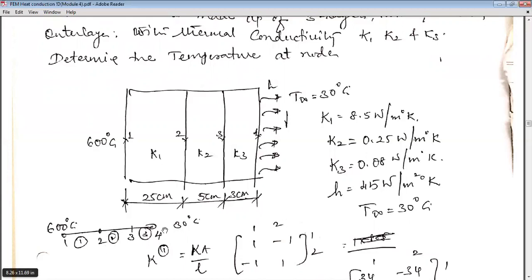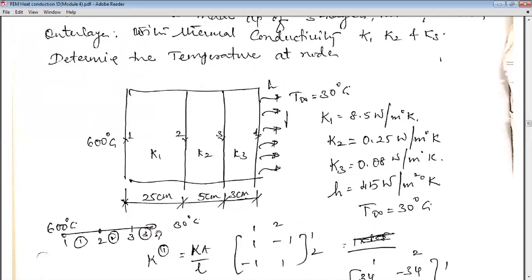Observe, elements are circled, nodes are written as they are: 1, 2, 3, 4. And 1, 2, 3 elements. At one end you have 600 degrees Celsius. At the other end you have 30 degrees Celsius, along with a film coefficient, what you call the heat transfer coefficient, to the right of node 4.